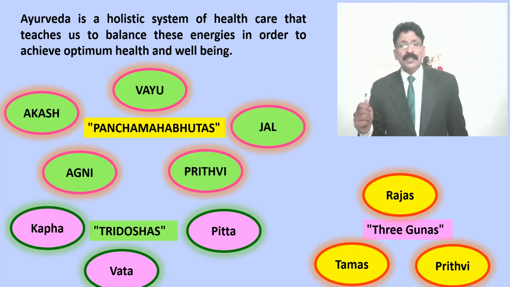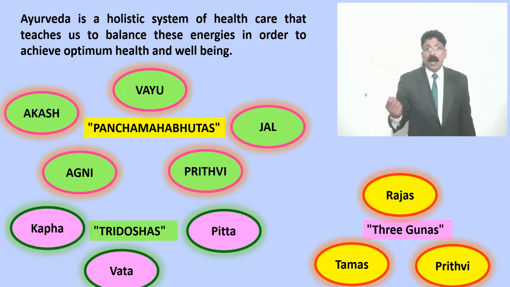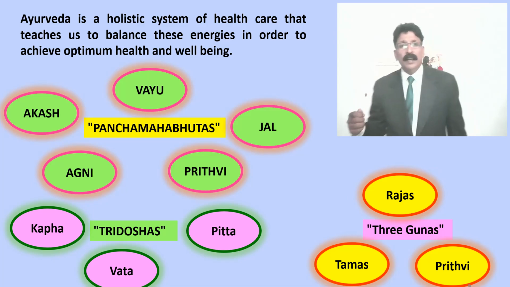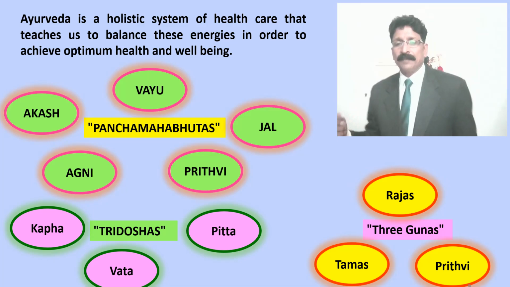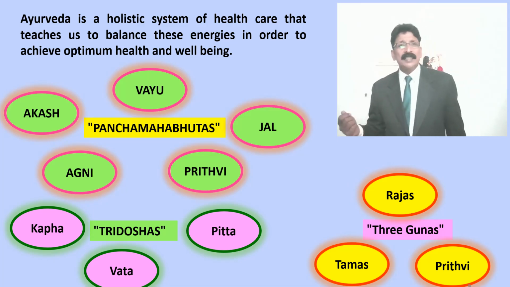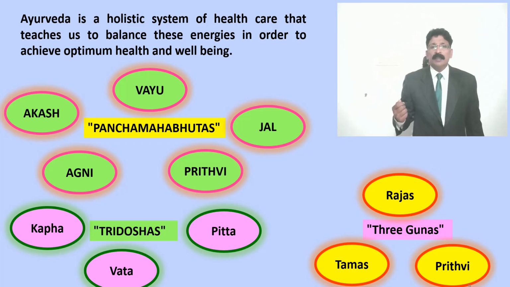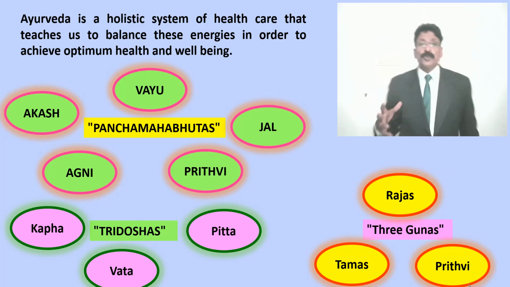Mahapanchabhutas, you should remember: Akash, Vayu, Jal, Agni, Prithvi. Tridosas: Kapha, Pitta and Vata. Three gunas: Rajas, Tamas, Sattva. These three gunas also you should have an idea.